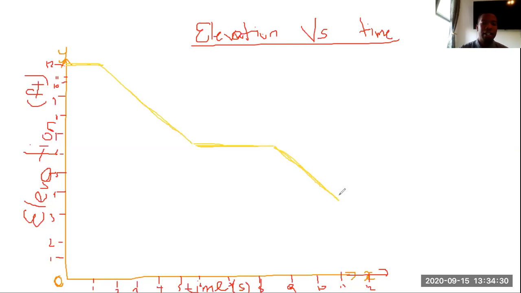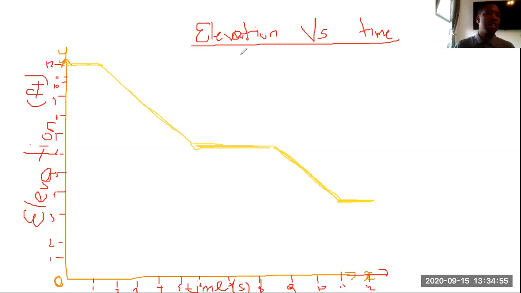And then he was on the bottom floor. So he started at the top, descended, then he was in the middle landing, descended again, and then he got to the bottom.